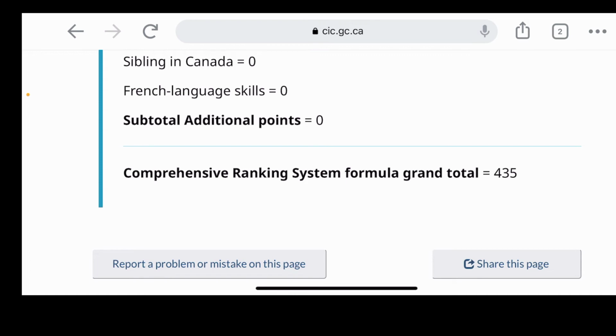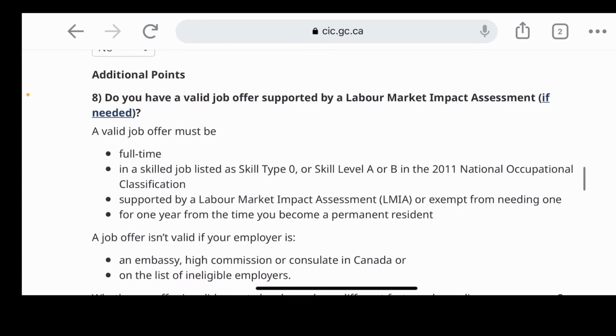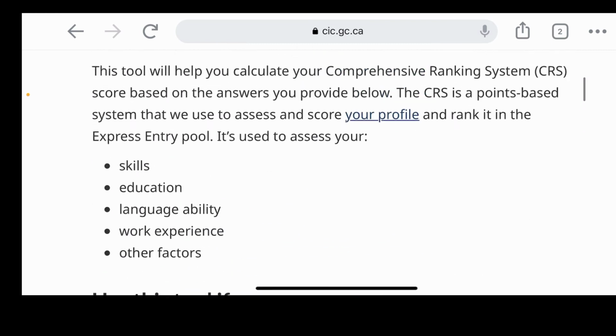That is using the cutoff mark for the last draw that was conducted. Now if the cutoff mark stands at 435 or anything below 435, then Tola would get the invitation to apply with this cumulative score, but currently she doesn't stand a chance.